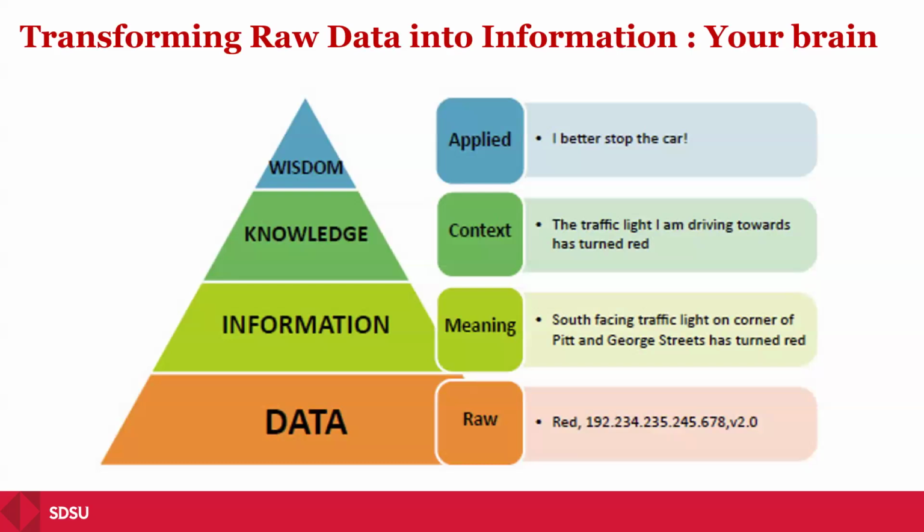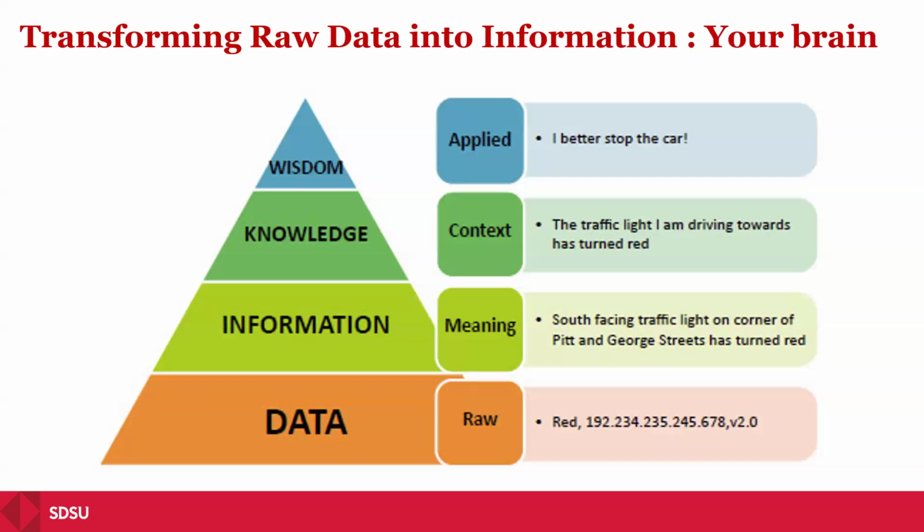So summarized data transforms into information, and further down, information allows us to gain knowledge. In this case, that would be the traffic light that we're driving toward has just turned red.